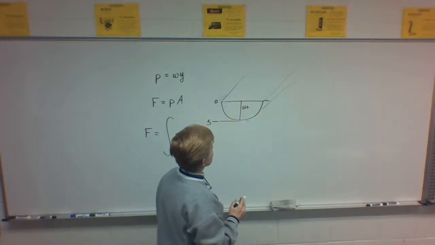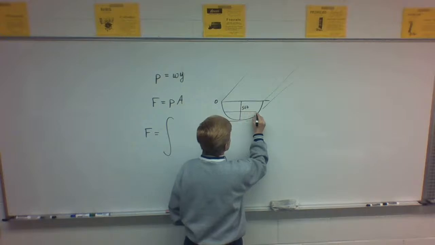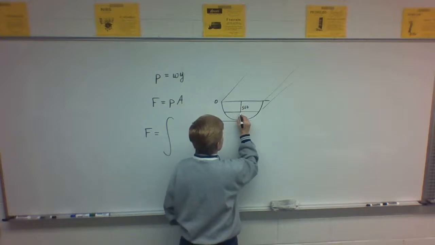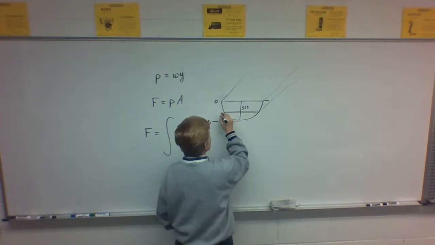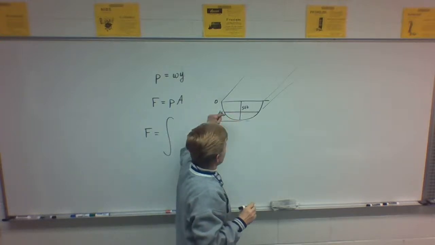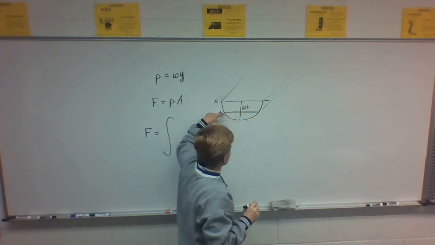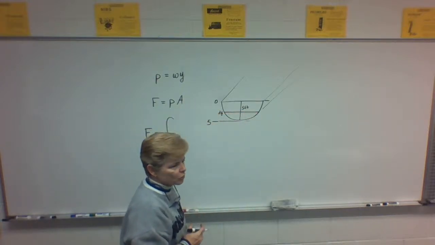But I'm not interested really too much in the radius. I'm interested in a representative strip. How wide do you think that strip is? dy. And what I'm going to do is figure out what the force is on this strip, and then gather them all together for total force.